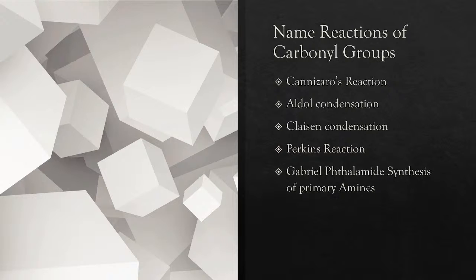In the next class, I will be focusing over the name reactions containing the nitrogen containing group, where we will be talking about the Hinsberg reagent, the carbylamine test, or the reactions with HNO2, that is the formation of diazonium salt and the reactions of diazonium salt.